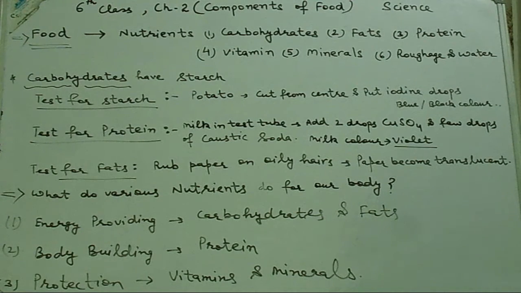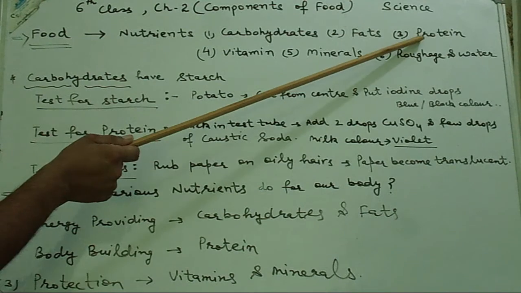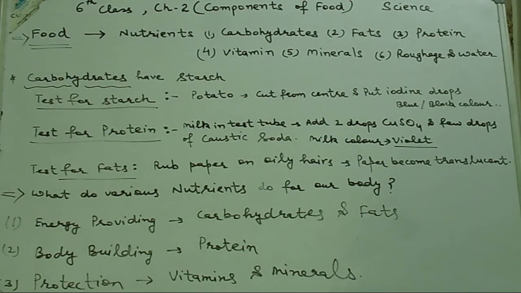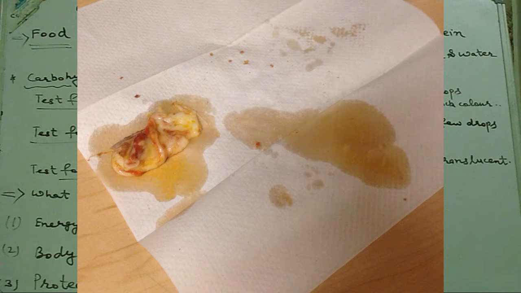Now we have to perform the activity for the test of fats. Actually we are performing activities on these particular nutrients; carbohydrate and protein we did, now we are going to perform fats. For this activity you have to take one blank paper from your notebook and rub that paper on your oily hair.